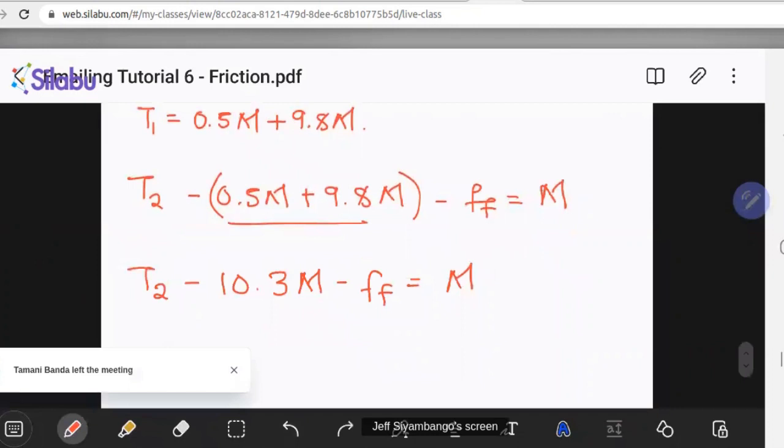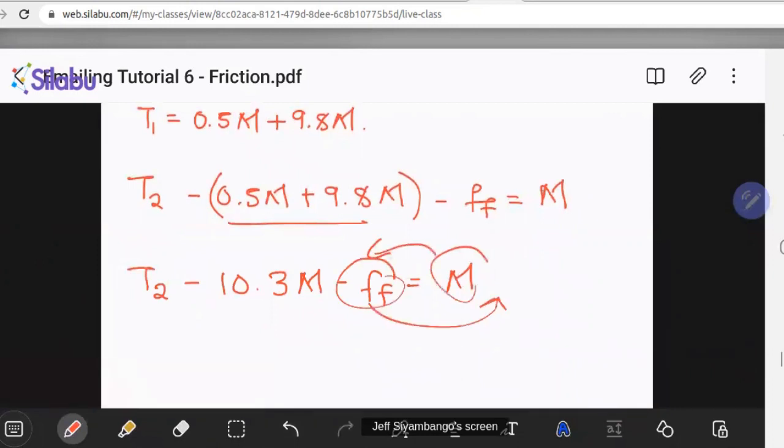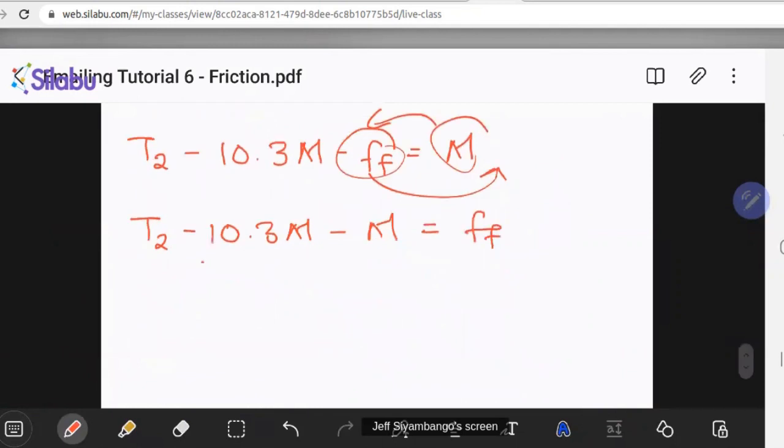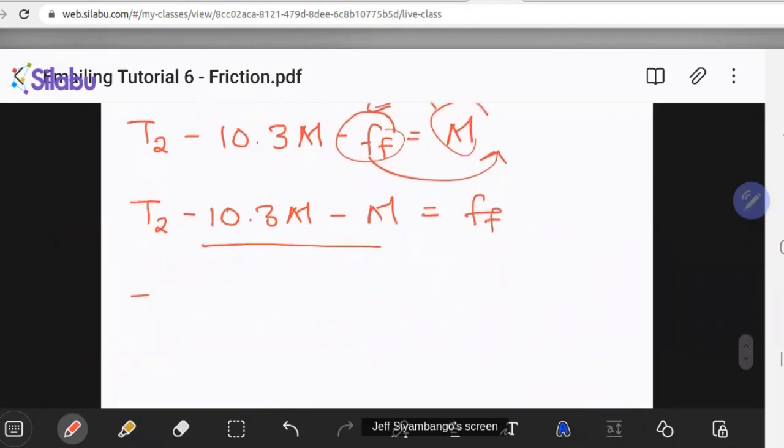So I'll move the m to this side and the force of friction to the other side, so that I have T2 minus 10.3 m minus m is equal to positive force of friction. These two can also add up. We get T2, and this becomes minus 1 m. So it becomes 11.3 m is equal to the force of friction.